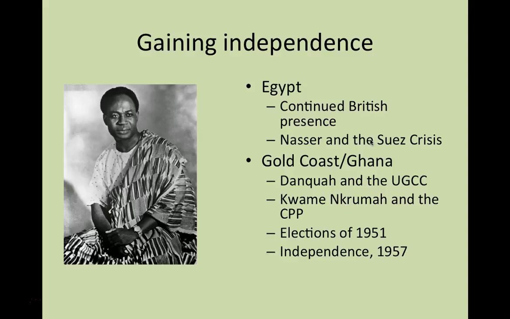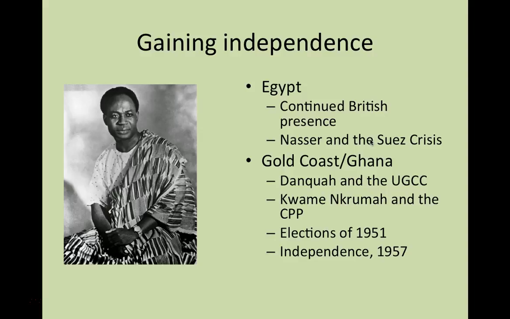Kwame Nkrumah was an American-educated, partly American, partly British-educated Ghanaian who was highly charismatic, was one of the key leaders of the whole Pan-African movement in the 1940s, was maybe the most influential politician in sub-Saharan Africa of this whole period of history, though some of the things that he did later on would lead to a kind of ignominious damage to his reputation.